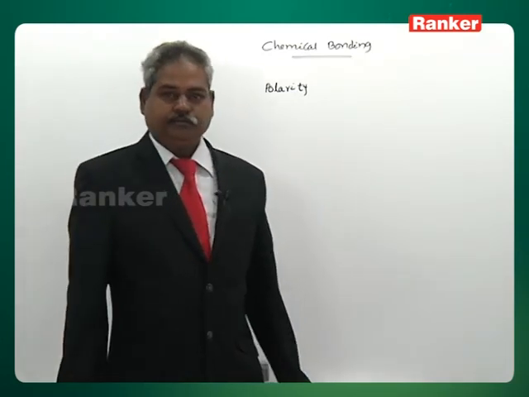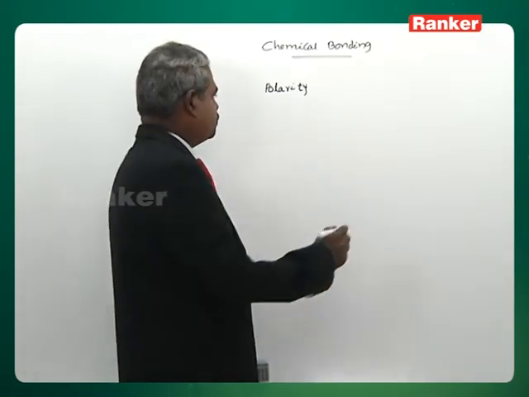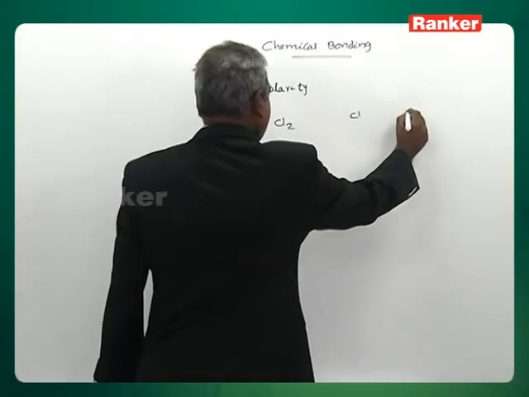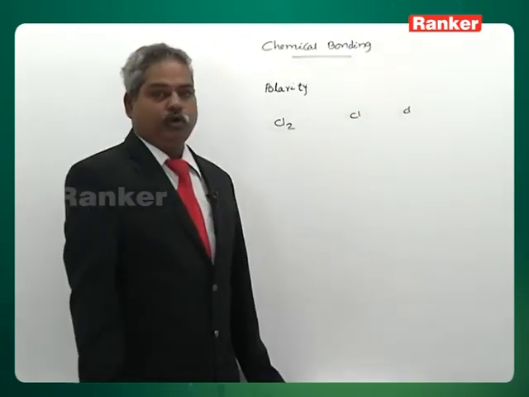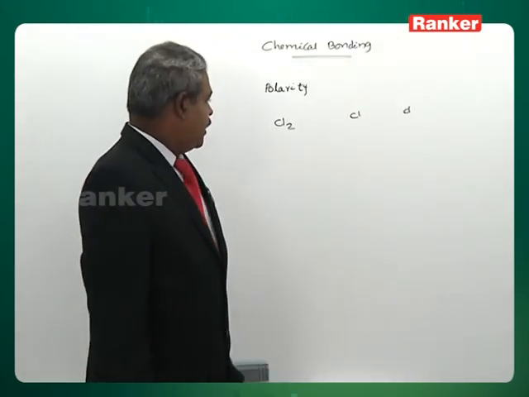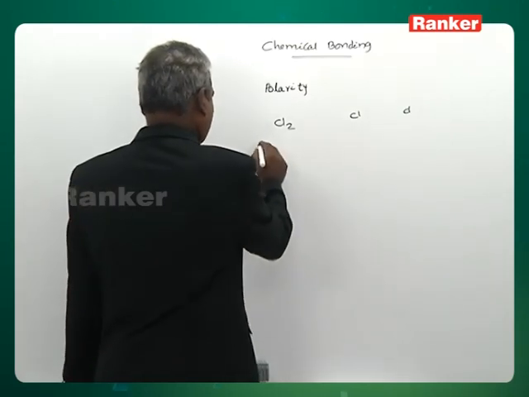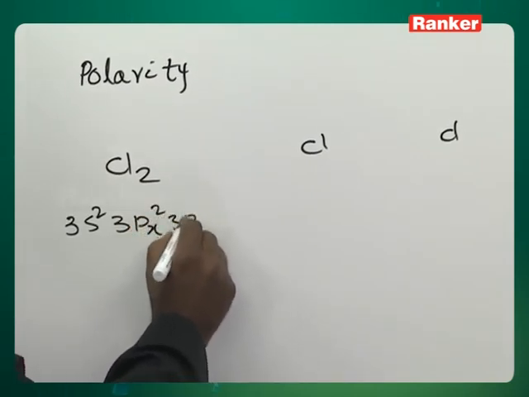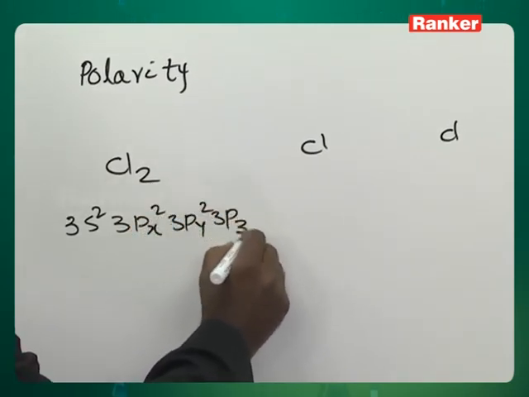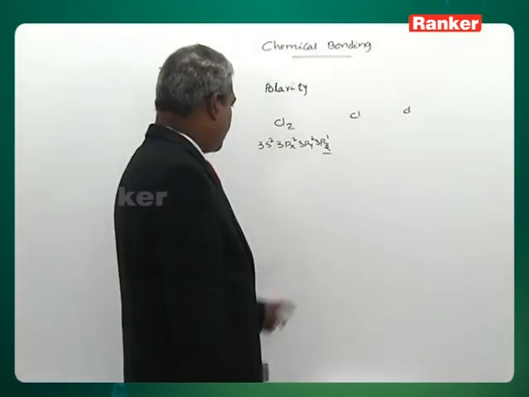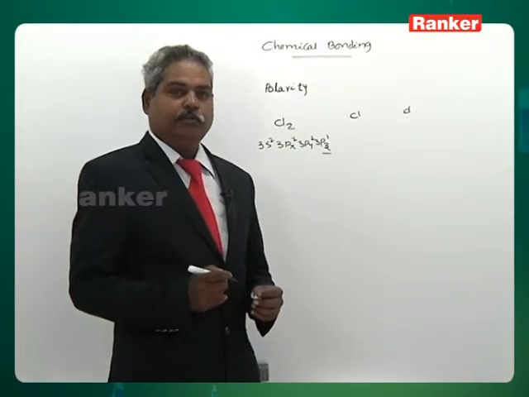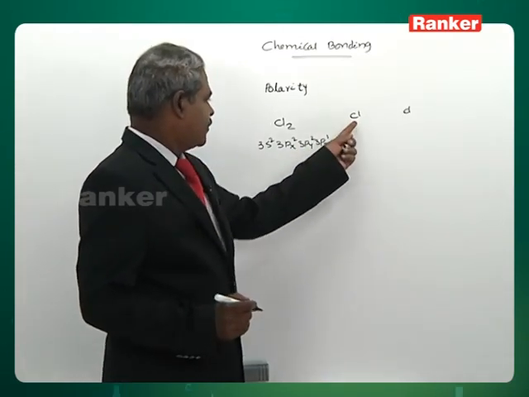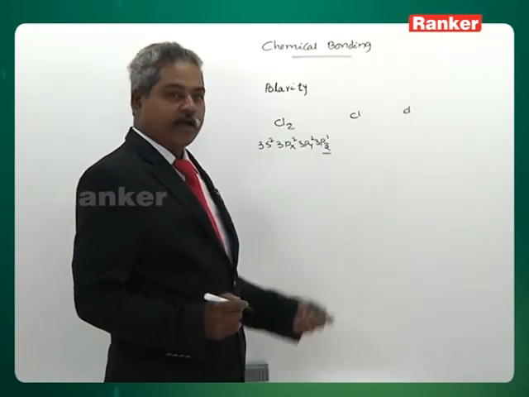Look here. Suppose there is a molecule called Cl2 in which 2 chlorine atoms are participating. You know only the last electron, that is 3s2, 3px2, 3py2, 3pz1. Only this particular unpaired electron participates in bonding. That is the 17th electron of this chlorine atom and the 17th electron of that chlorine atom.